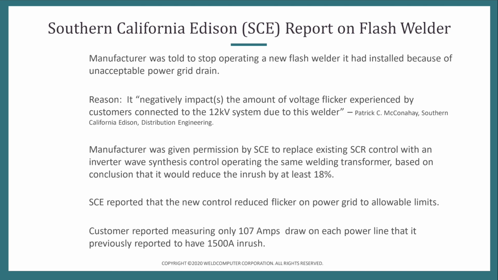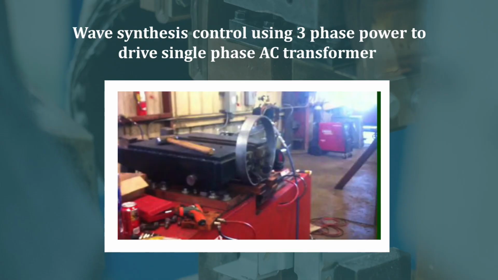And in fact, the customer reported measuring only 107 amps power draw on each power line that had previously reported having a 1500 amp inrush. And that is largely attributed to the more efficient flashing, because when you're efficiently flashing, you actually use dramatically less current than when you're inefficiently flashing. And this was the actual machine that was the culprit in this situation.